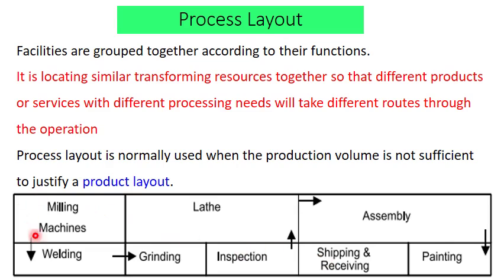In the case of milling machines, all the milling machines are located together in one room. There are different types of milling machines which can grind those resources as per our demands and provide them to the welding machines.